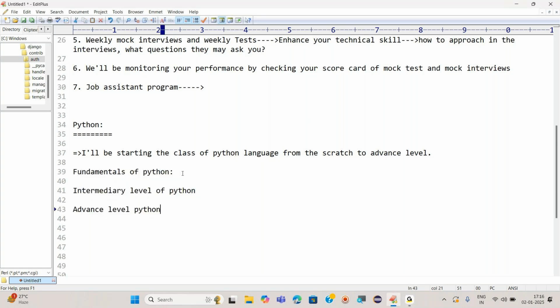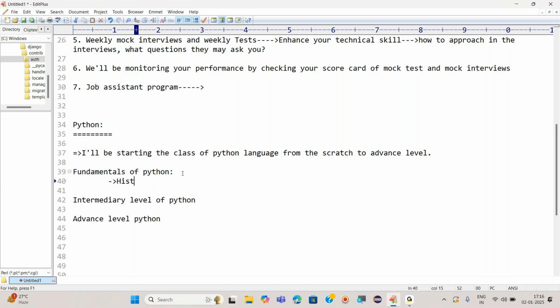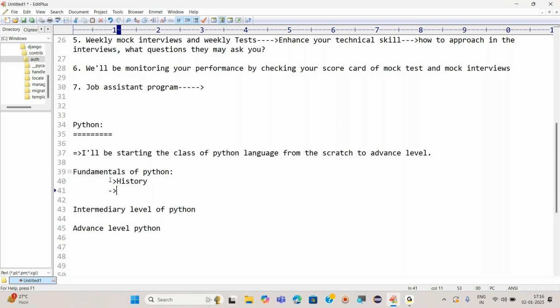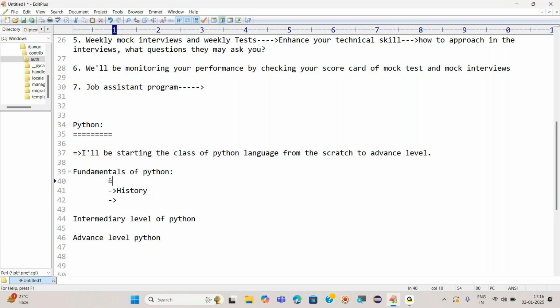Okay, so let's talk about the fundamentals first. In fundamentals, first of all, we are going to start with the history of it, and then we are going to see some applications. Basically, first it should be history only, first it should be application only. So I'll start with the applications of Python. Then we'll go for the history of it, how it has evolved over the years.